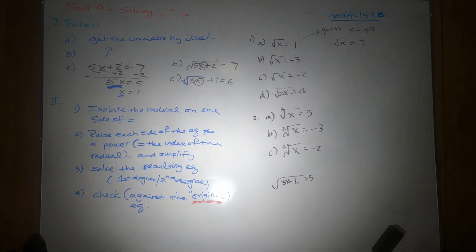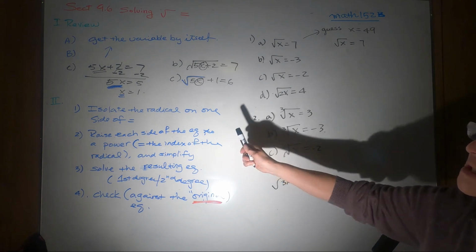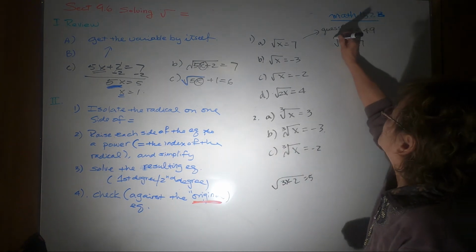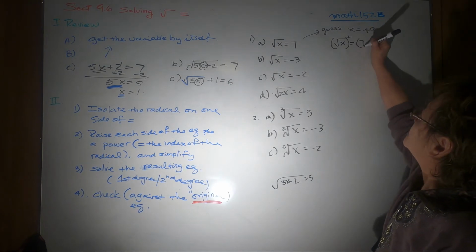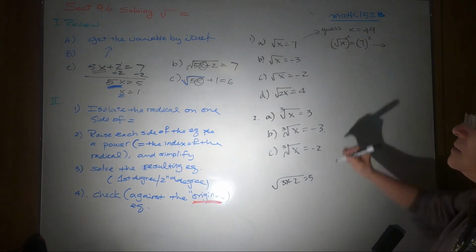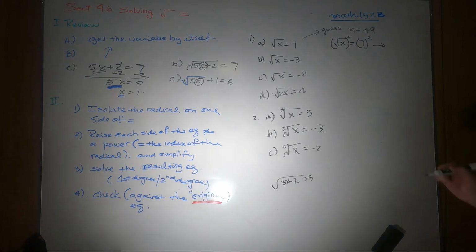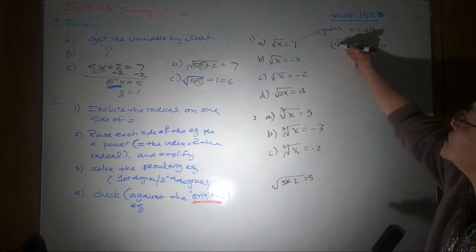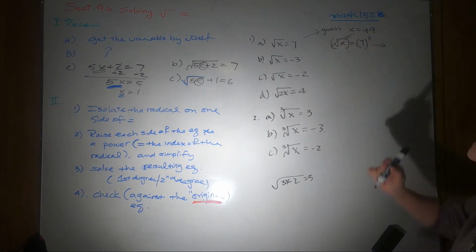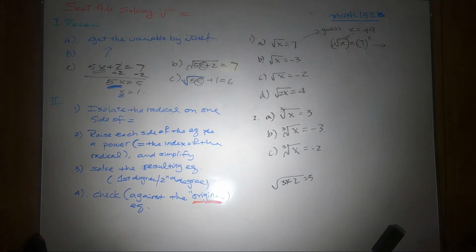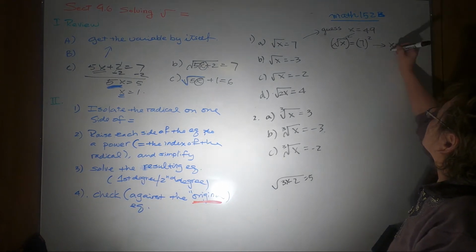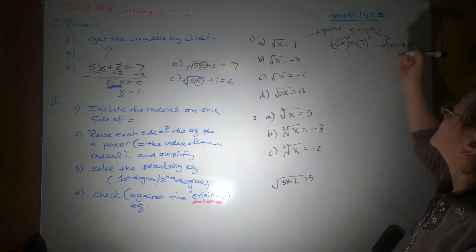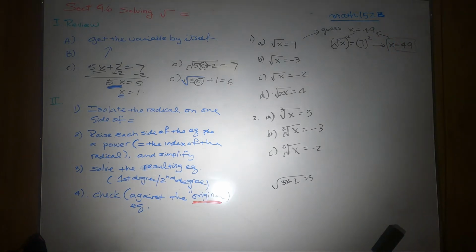Then you do the opposite. Because it's a square root, you will raise to the power of 2. If you do one side, you need to do the other side, right? Then the square root squared, you times it twice, becomes x squared, take a root, becomes x. Then you can cancel that out. Then you end up with x equals 49. That's how you find your answer.